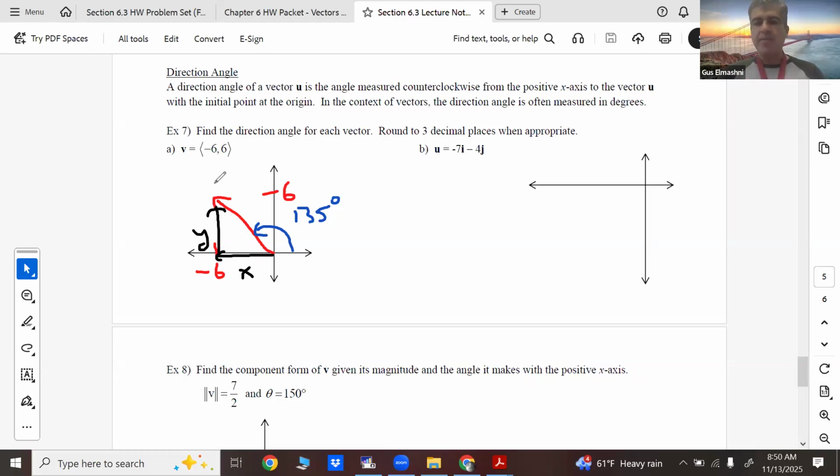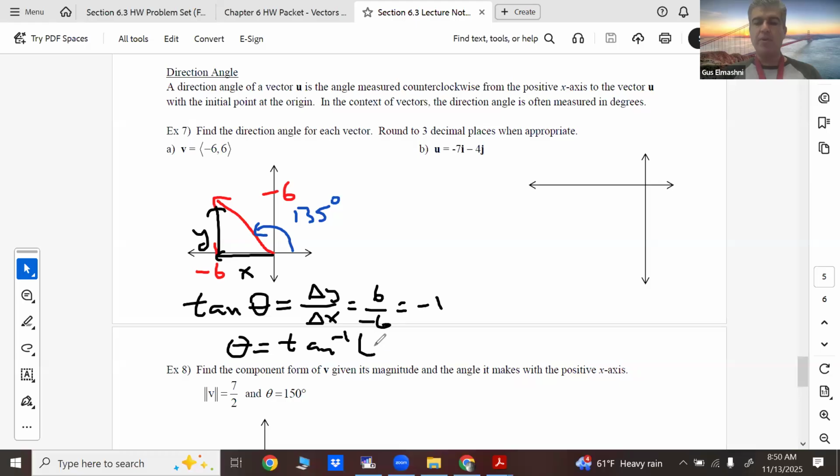So fine, whatever. But what you really could do, because we'll need to do this for part B for sure, as a universal way is tan theta will equal delta y over delta x, or 6 over -6, which of course is -1. So theta will be the inverse tan of that.